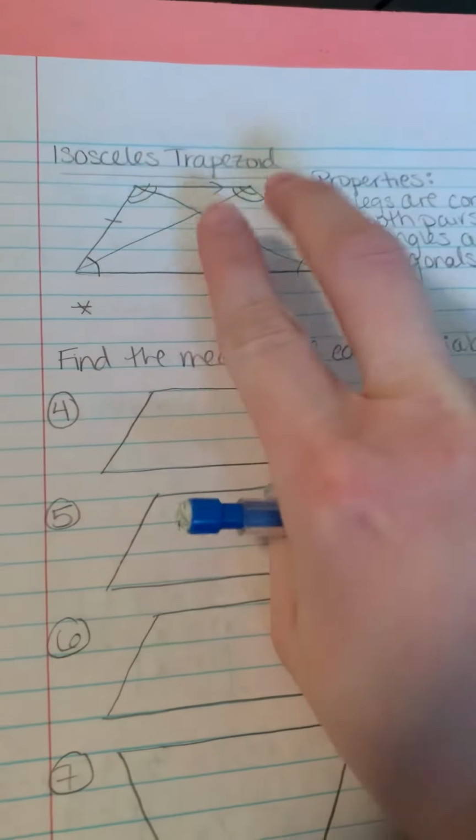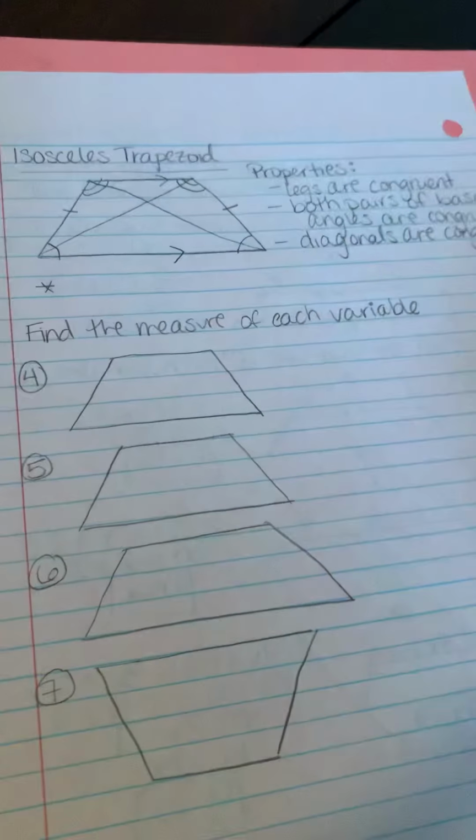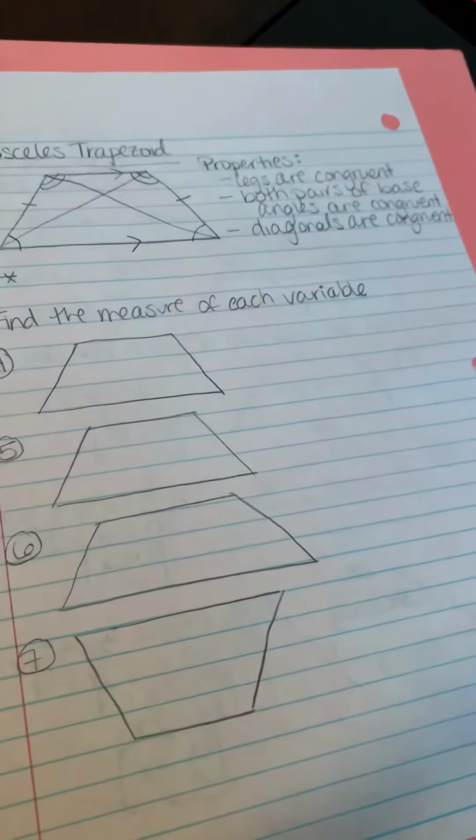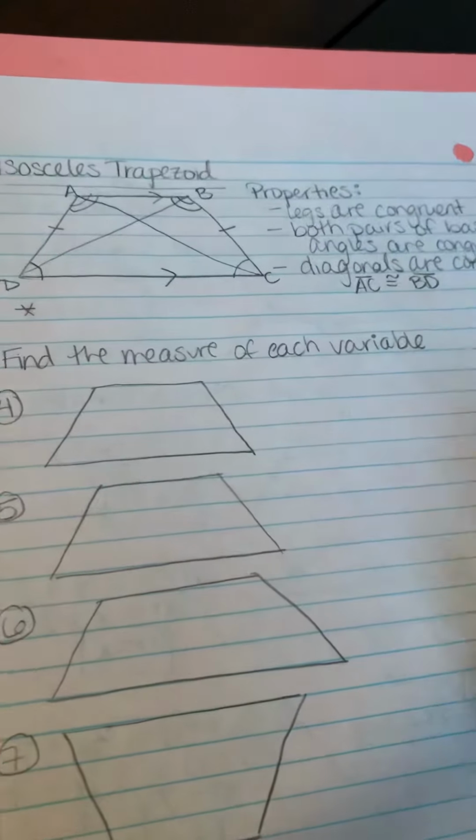You can tell this is longer than that, but the entire diagonal is congruent to the other entire diagonal. Okay. So let's throw some letters on there just to help clarify that. So AC is congruent to BD. So the whole diagonal is congruent to the other whole diagonal.